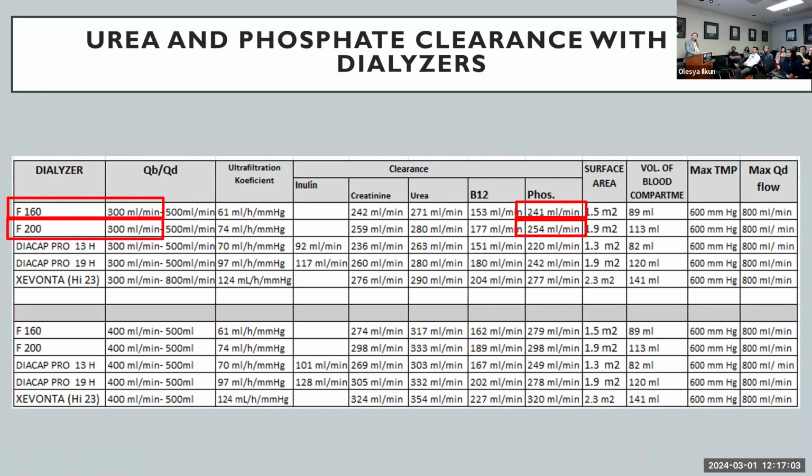What will affect it is if we increase blood flow to 400, then our clearance with the same filter changes much more. The same is true for the B. Braun filters with 19H and 13H.